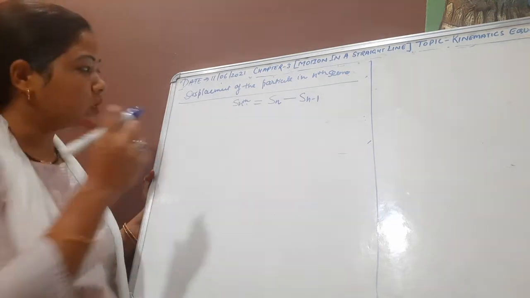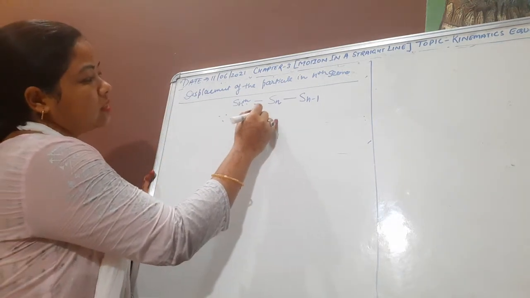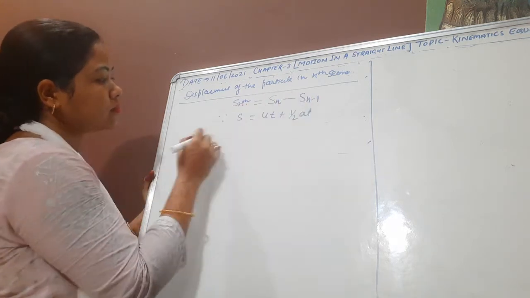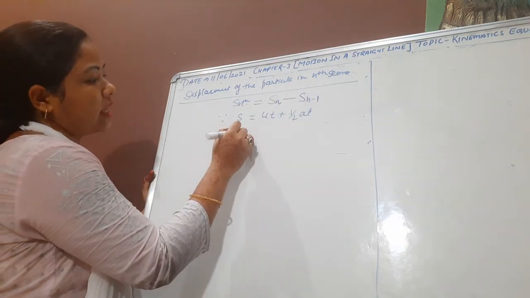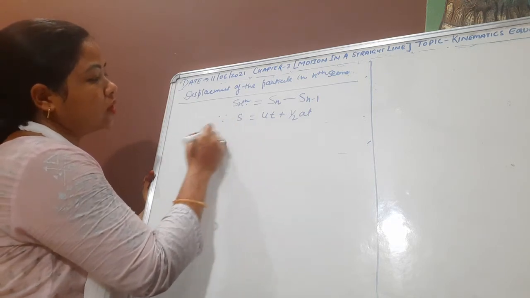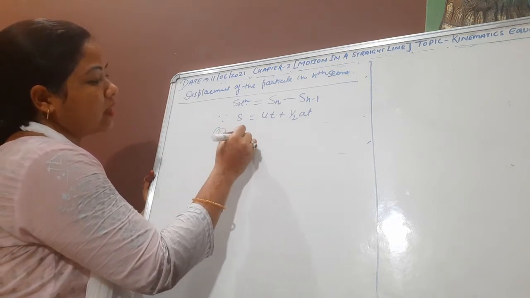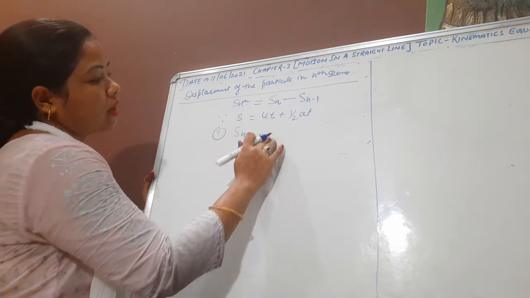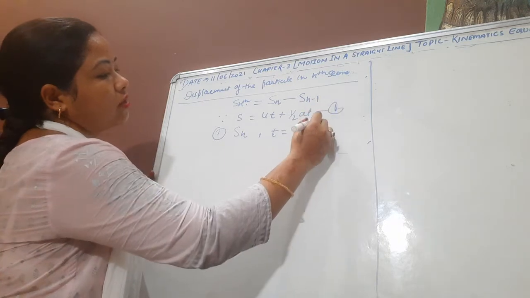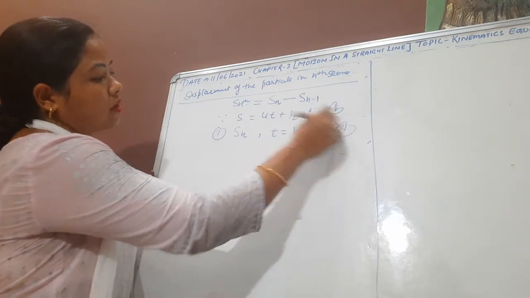So what will we do? As we know, by the second equation of motion, this will be ut plus half at square. So for Sn, in place of time, t equals n, right? From equation 1, what will you do?